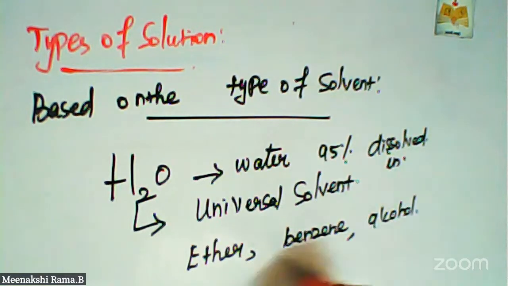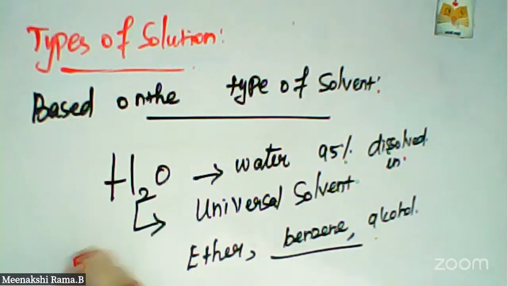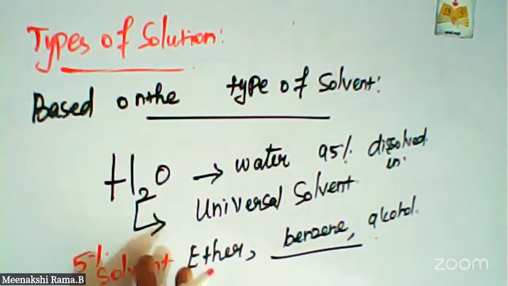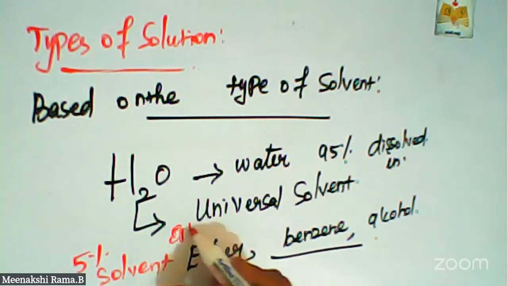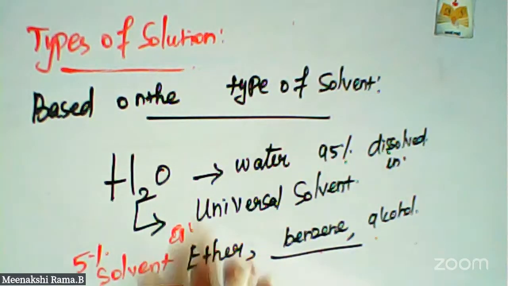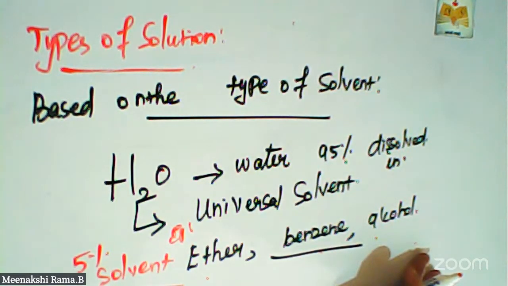These are the 5% solvents. 95% solvent means water, and the remaining 5% solvents are ether, benzene, and alcohol. These are all chemical components, and these chemical components act as a solvent. Some materials are dissolved in them.